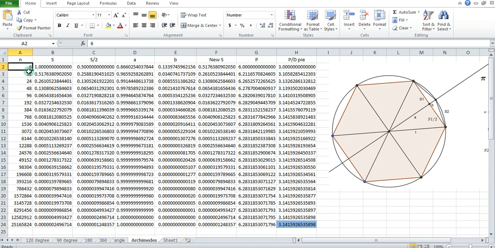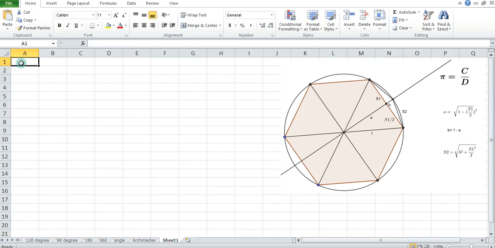Here we have to take a 6-side polygon. We know S, we have taken the radius here, and one side length is 1 unit. Any measurement, 1 centimeter or 1 meter or even 1 kilometer.